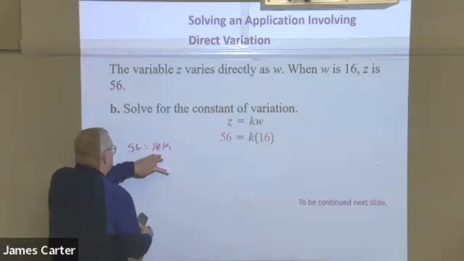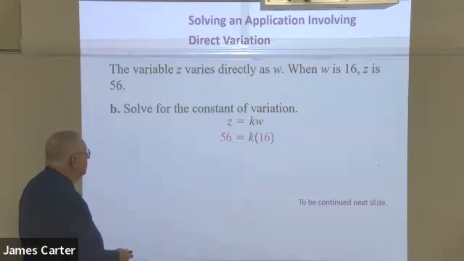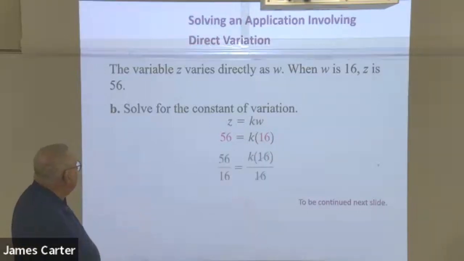And here you obviously would divide by 16. So we divide both sides by 16. That side cancels out, leaving just K. This side, all you can do is reduce it. I suppose you could change it to a decimal with long division. But this is better.